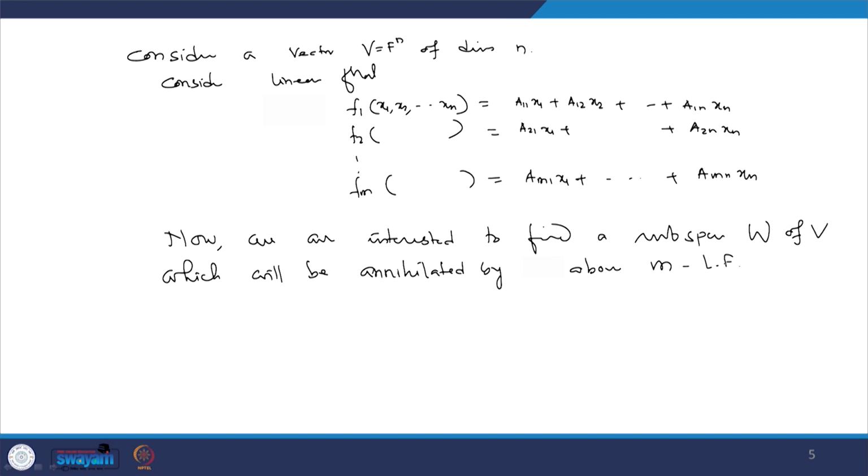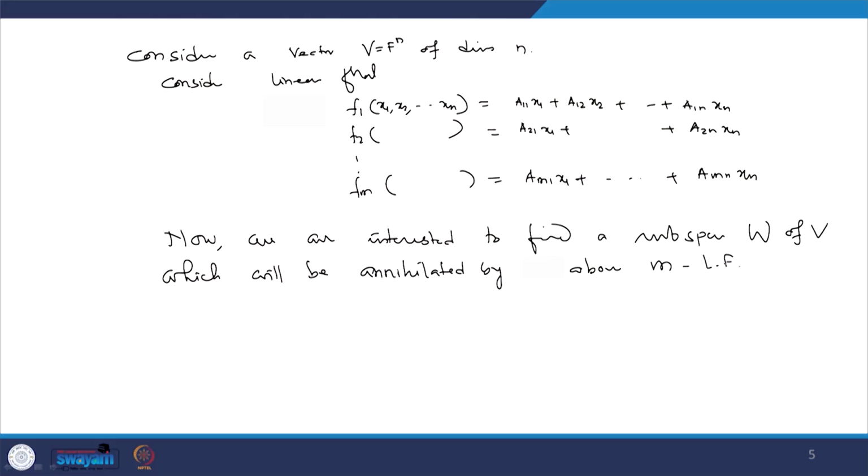Here what we have to do, first we have to find the set of linearly independent linear functionals. This we do with the help of elementary row operations; this is basically equivalent to Ax. Now, this Ax you have to reduce to Rx, where R is the row reduced echelon form of the matrix A. Then you will exactly come to know out of m linear functionals how many are linearly independent. So, suppose you get r linearly independent linear functionals.